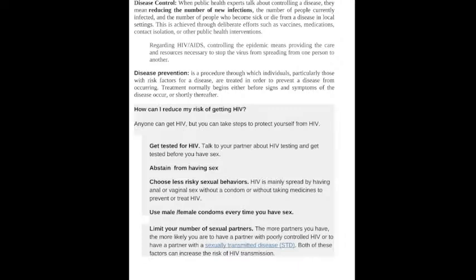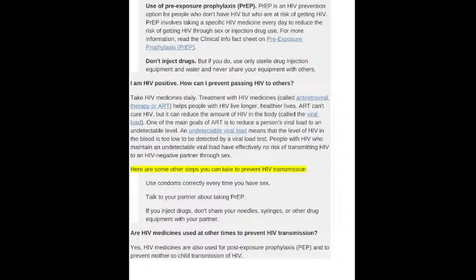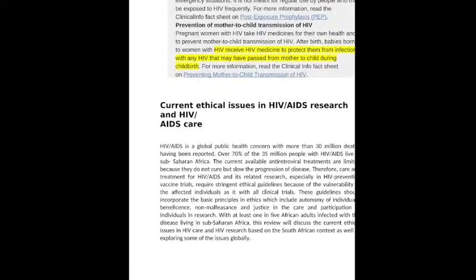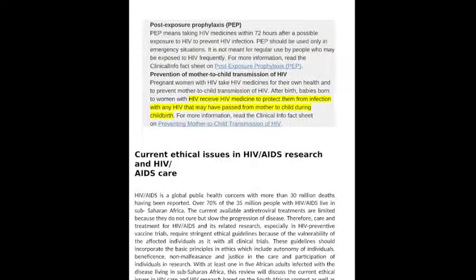Under this, you need to know the various ways: testing, abstaining, less risky behavior, limiting the number of sexual partners, using condoms. We also talked about PrEP, not injecting drugs, and PEP, that is post-exposure prophylaxis, and prevention of mother-to-child transmission.